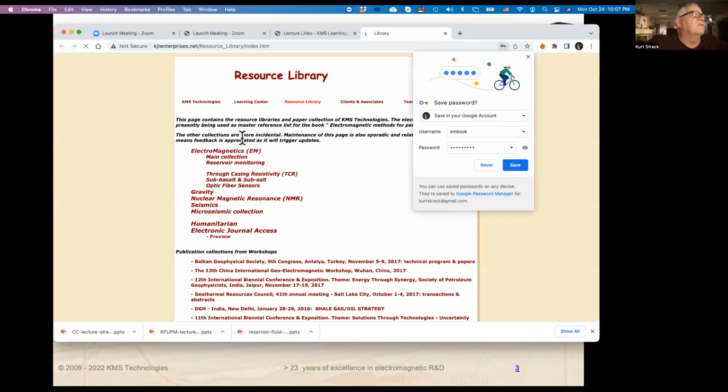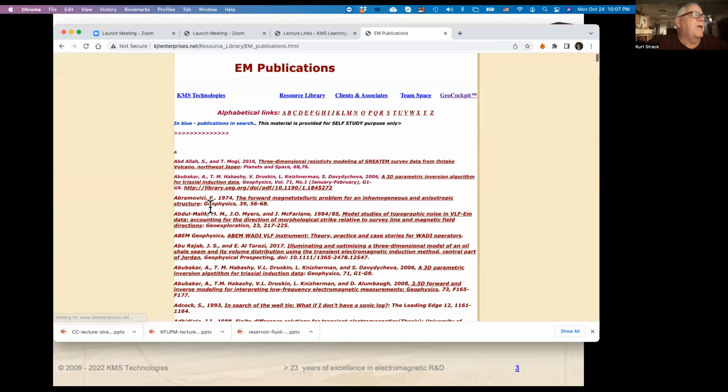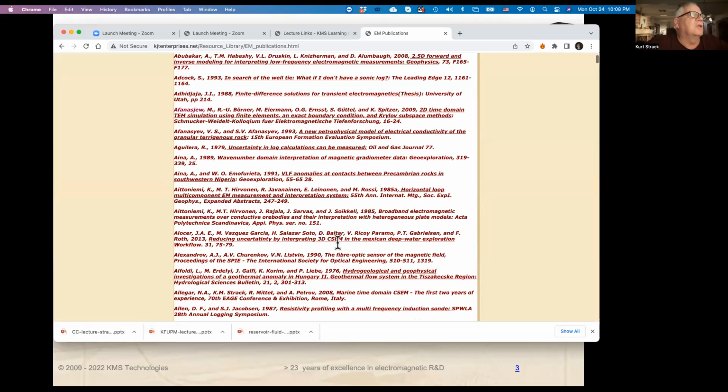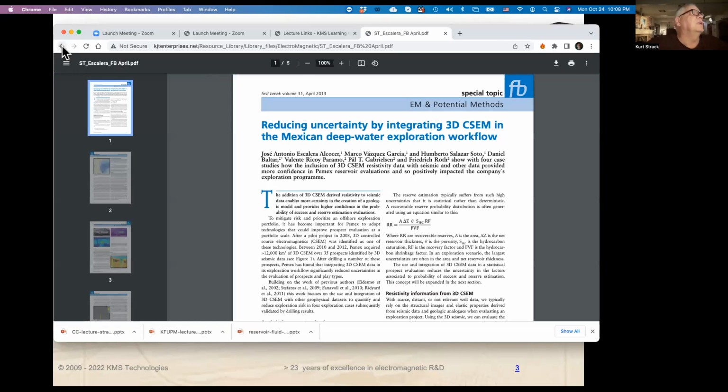You click on this and then you get a main collection, and here is a whole number of books and papers that you don't have to search, and you can just click on them. And then the papers come up as PDF files, like this one here, and then you can download it easily.